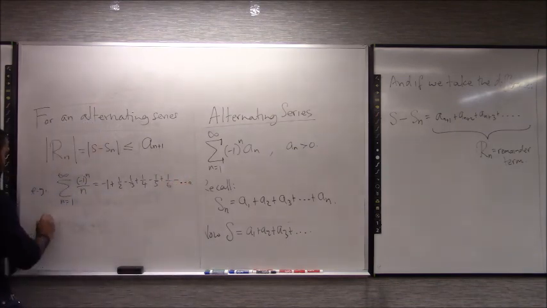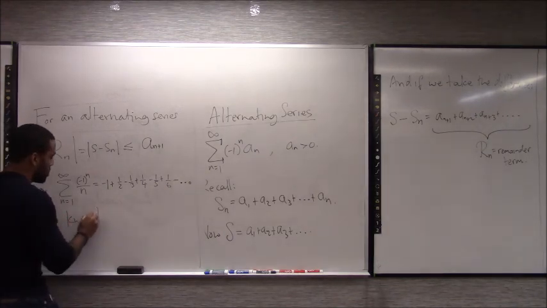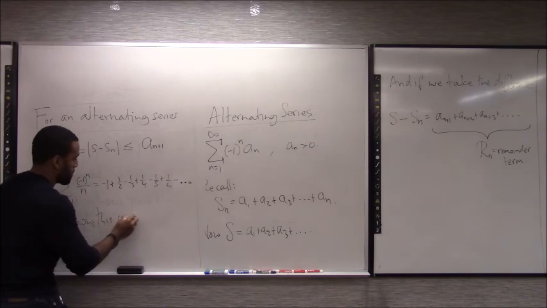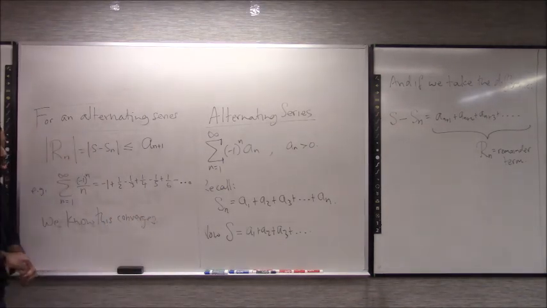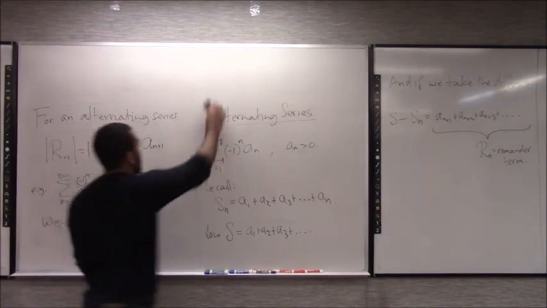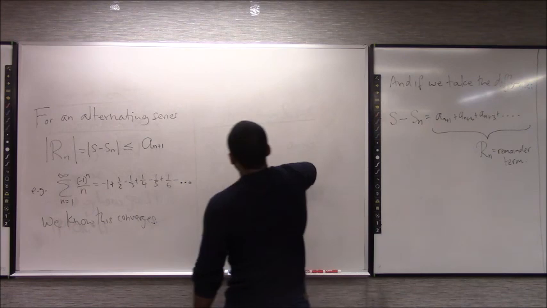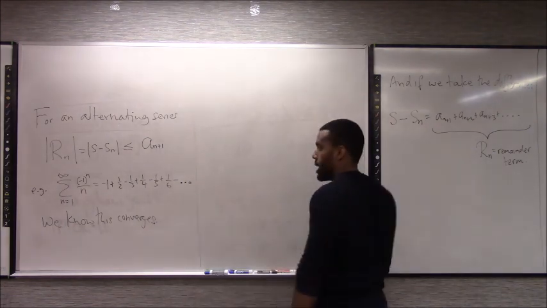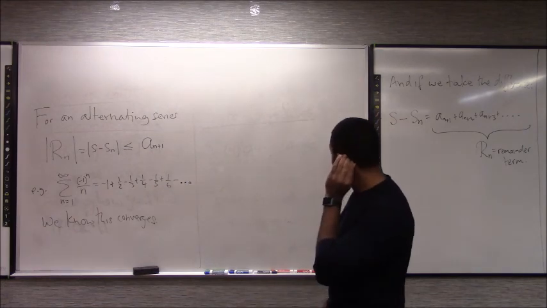We know this converges, right? Alternating series test. But what if I wanted to approximate what it converges to? Well, at the moment we don't know how to actually calculate what that converges to, but I can kind of know how good a certain approximation will be.